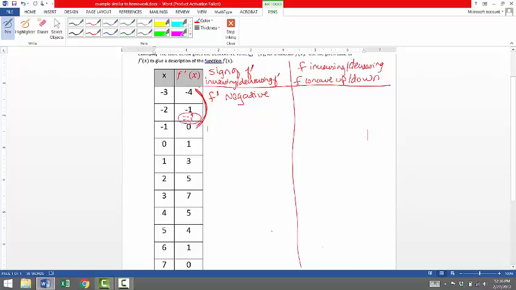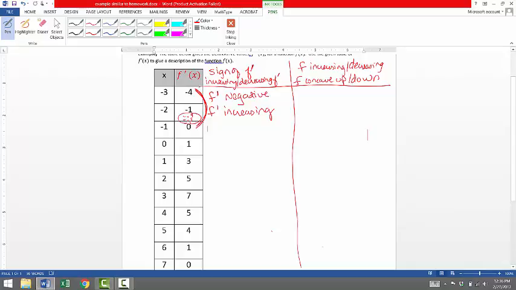Also note that it starts at an f prime value of -4, then becomes -1, then goes up to 0. They start very, very low and get higher and higher until they reach 0. That means the f prime values are increasing. They're getting bigger: -4, then -1, then 0.